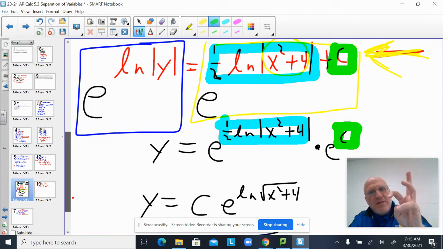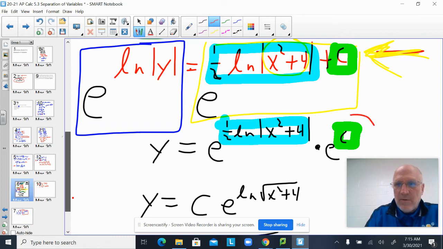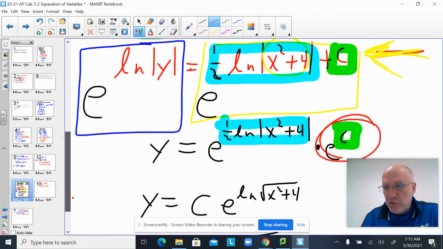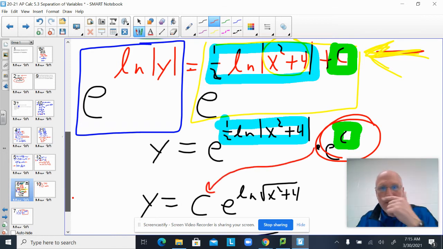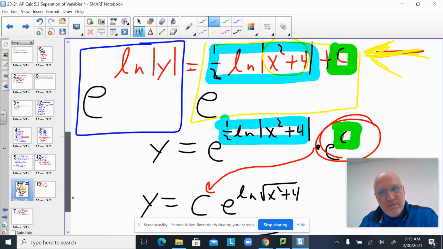This is a fairly common thing to do when you're having to undo these natural logs by eing both sides. And now I can clean this up, because this number right here, e to the c, is still just some constant c. So I just wrote it in front. So it's c times e to the 1/2 natural log of x squared plus 4. And I also did some sneaky rules of logs.